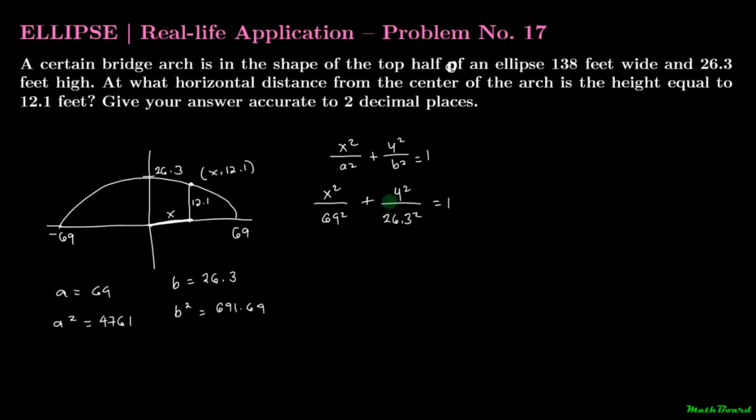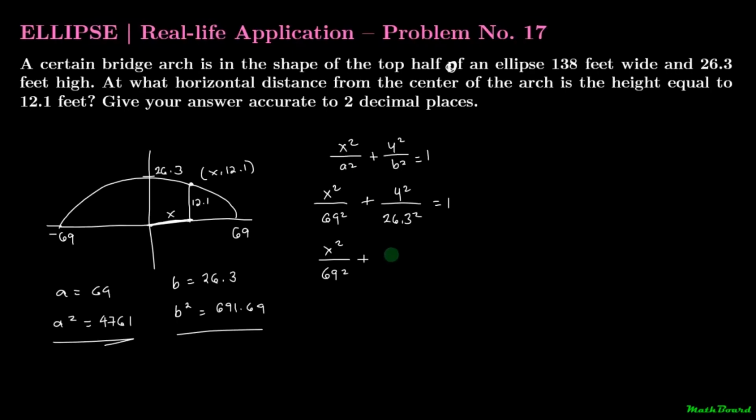Pwede na natin ipalit yun sa y. Okay lang naman kung ito ang sagot mong standard equation. Kung gusto mong gawing ganito yung a squared at ganito yung b squared, okay din lang. Kasi tuturo ko sa inyo yung diretsong pagsosolve para isang beses lang kayo magdedesimal.